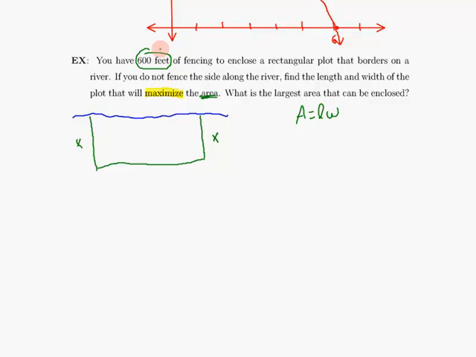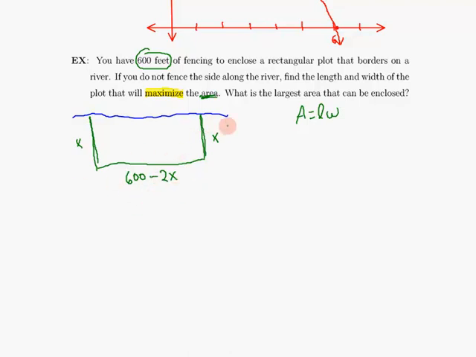What we are going to use is how much fencing we have to finish this off. Now if I've used x feet of my fencing here and x feet of my fencing here, I'm going to be left with however much total I have minus how much I've used, which is 2 of my x, right?